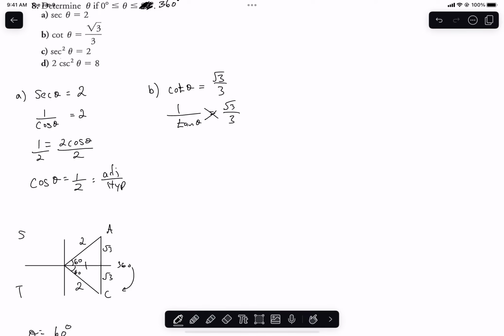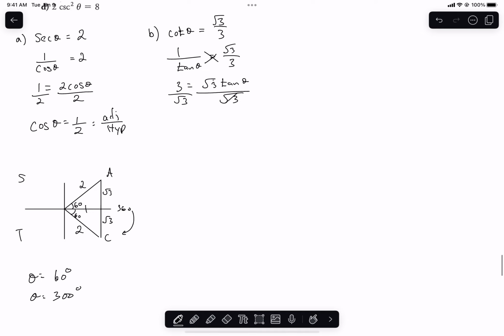Well, I could basically cross multiply, if you will. I'm going to get 3 has to equal root 3 tan theta. And then I'm going to divide both sides by root 3. And then I'm going to see that those root 3's drop out, and I get tan theta has to equal root 3 over root 3, which again looks a little bit weird, like I don't really know how to work with that at the moment.